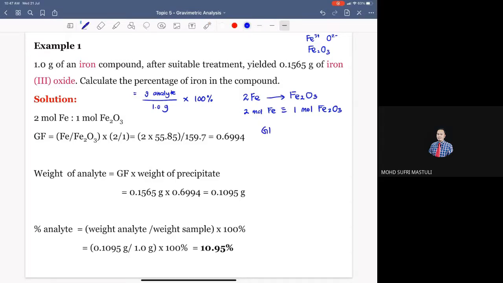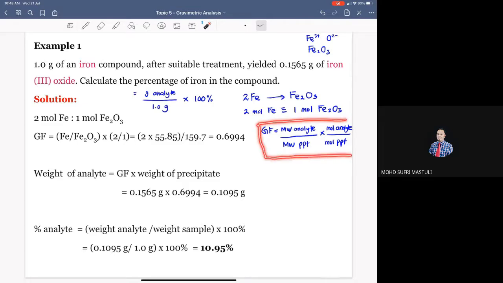Gravimetric factor is the molecular weight of analyte over molecular weight of precipitate times mole analyte over mole precipitate. So you can use this chemical formula to calculate the gravimetric factor.